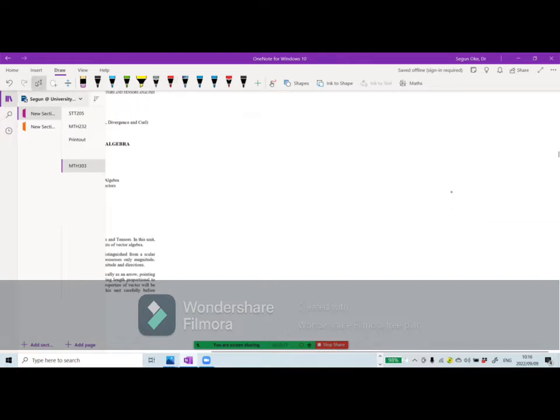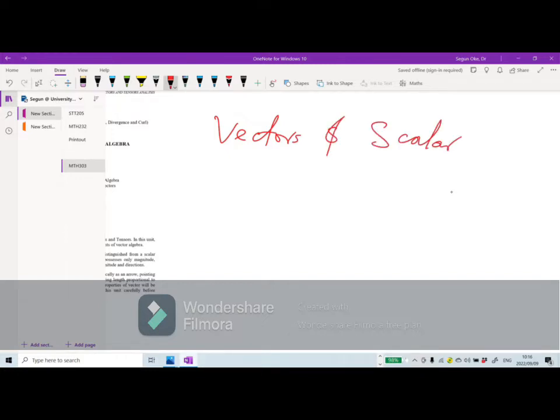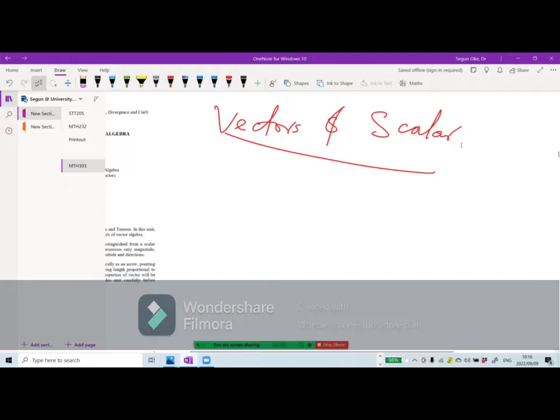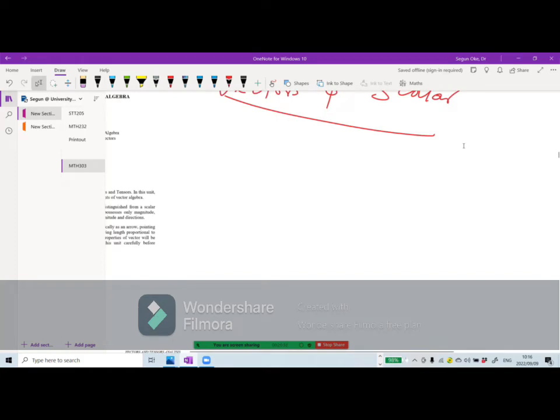Like we said, we have vectors and scalars. Can you see my handwriting now? Yes, sir. Okay. Vector and scalar. So in this context, there are certain things we need to do.